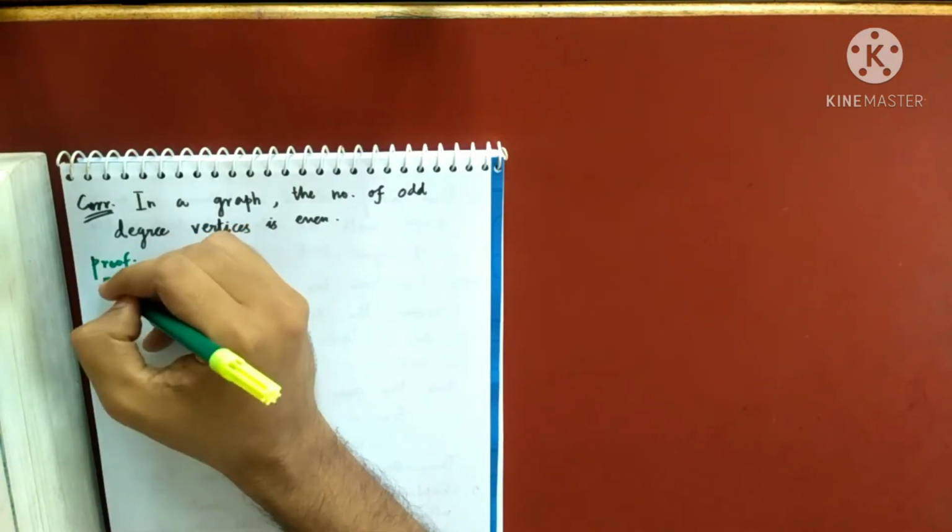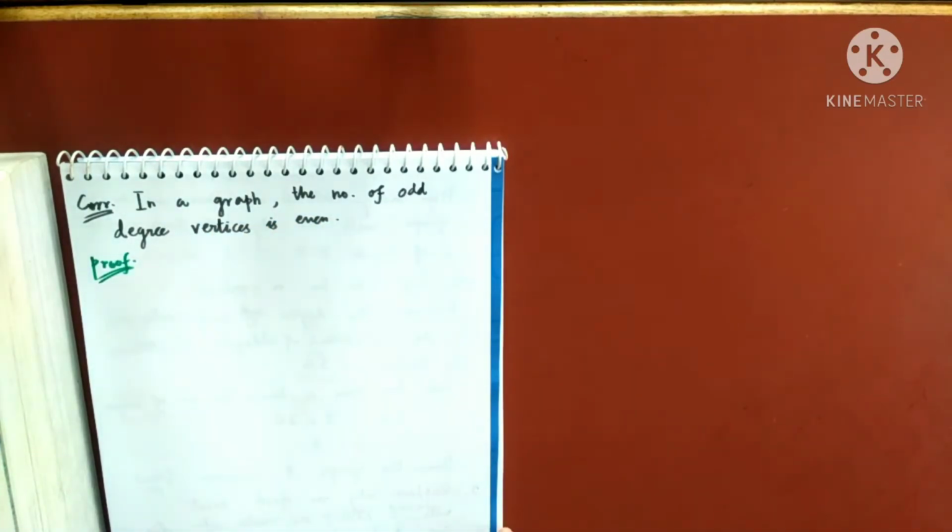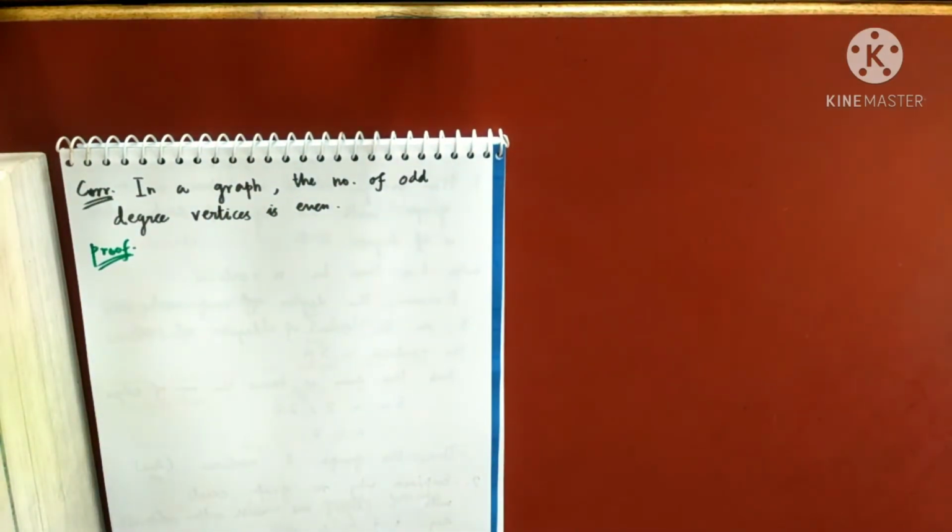Why should the number of odd degree vertices in a graph be even? There cannot be 5 odd degree vertices in any graph or 1 odd degree vertex in any graph. So the proof is this.